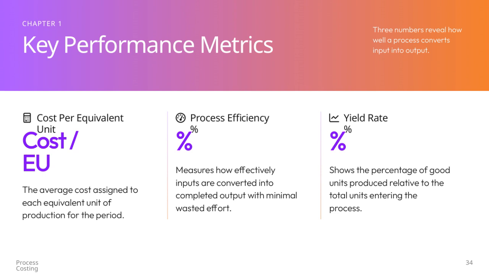Next, the process efficiency percentage measures how effectively inputs are transformed into completed products with minimal waste, highlighting operational effectiveness. Lastly, the yield rate percentage shows the proportion of good units produced compared to the total units entering the process, giving us insight into the quality and success of the production process. Together, these 3 numbers provide a comprehensive picture of process performance.